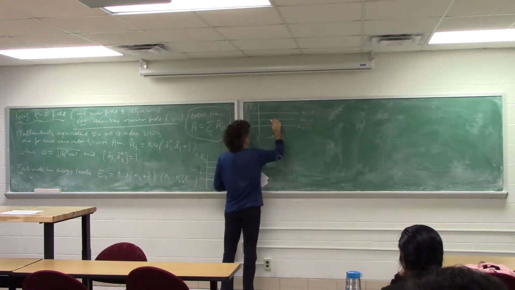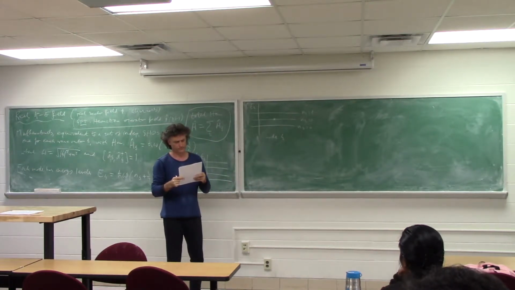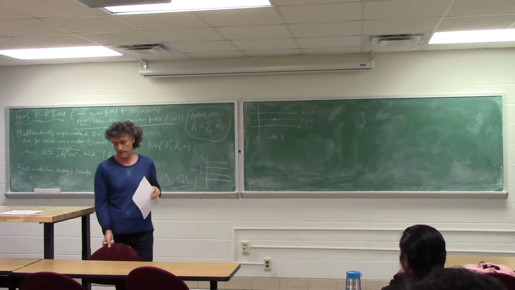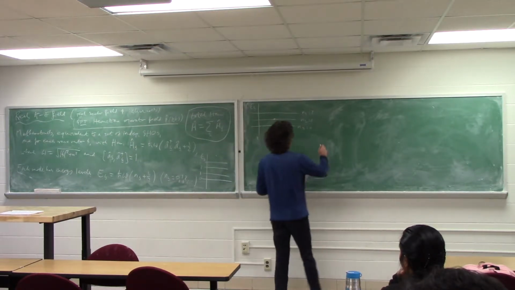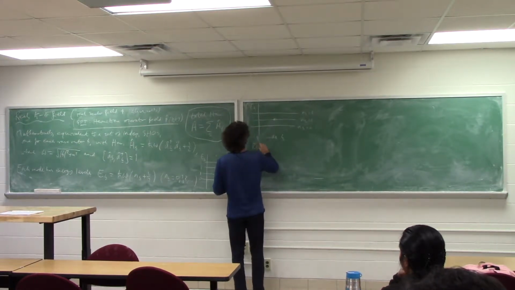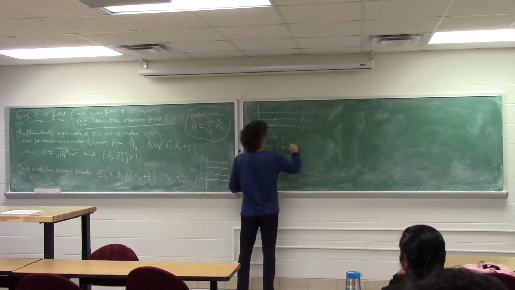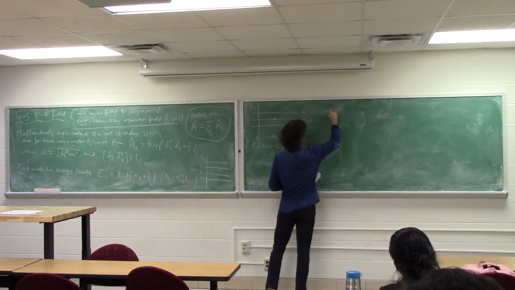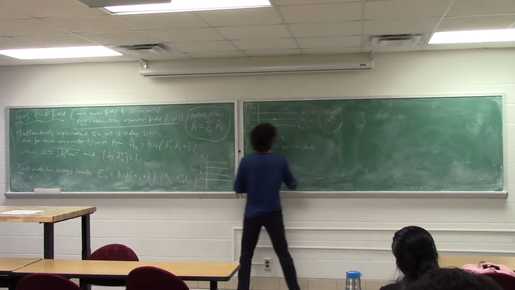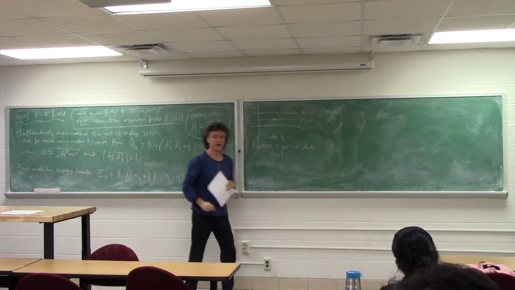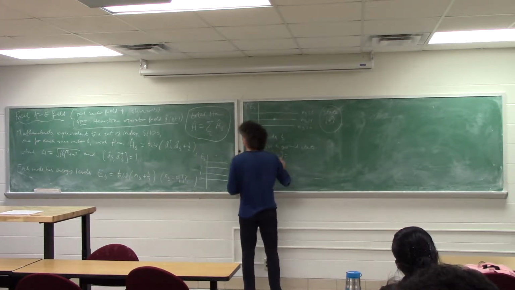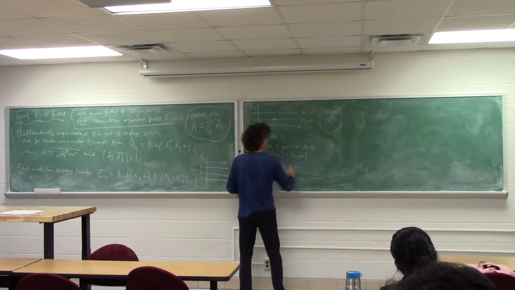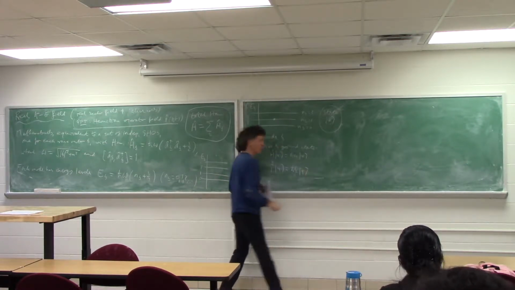If this mode is excited, if you're in the first energy eigenstate, then you can show that relative to the ground state, the energy, let's call this state psi, then this state is an eigenstate of the Hamiltonian operator with eigenvalue h bar omega, and it's also an eigenstate of the total momentum operator, which we'll define later on.